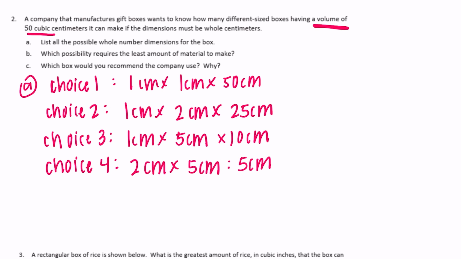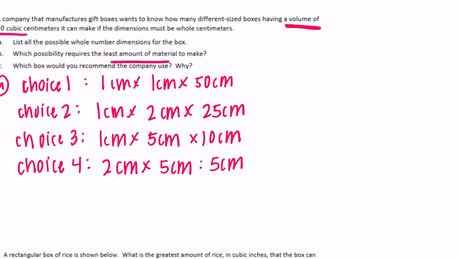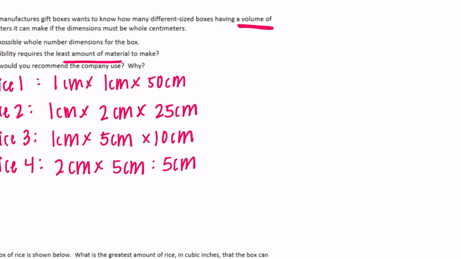Okay, so B says, which possibility requires the least amount of material to make? So finding the surface area, because we want to know how much material we have to make. So let's find the surface area of each of them.